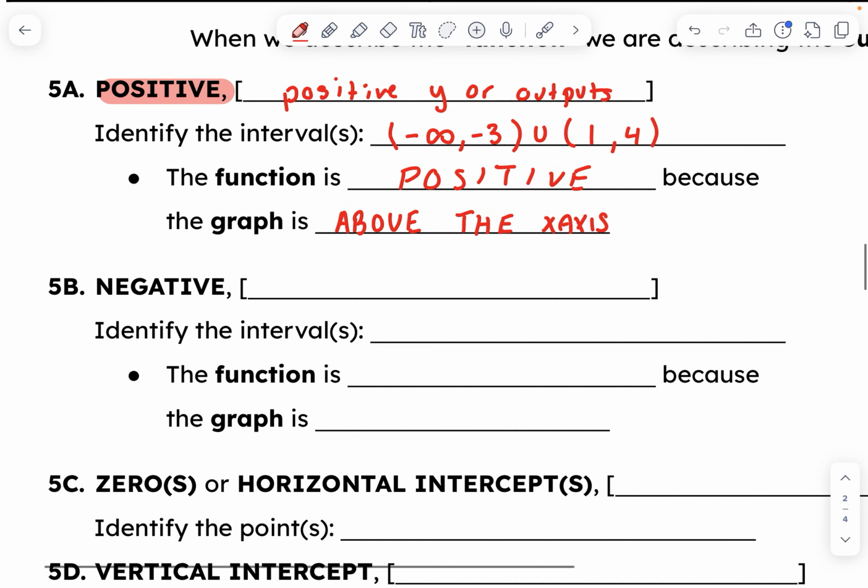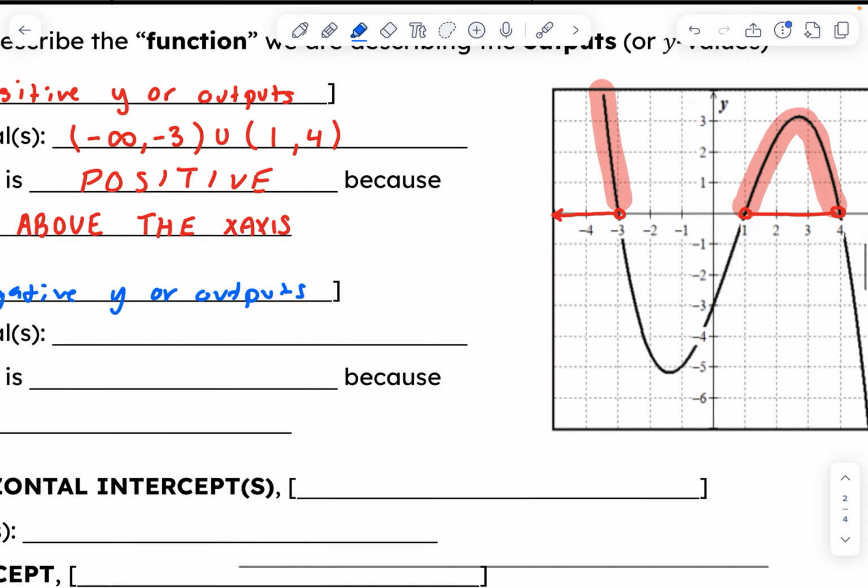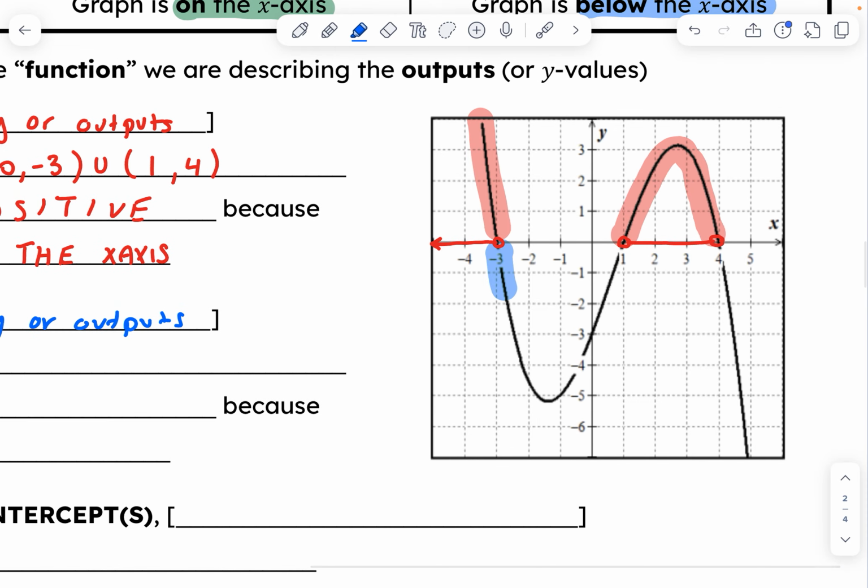Before I do the negative interval, I encourage you to try it yourself, so you might want to pause the video. Remember, for a negative interval, this means that we are looking at negative y or outputs. My graph is going to be underneath the x-axis. So if I return to my graph, that's going to be this portion right here and this portion right here.